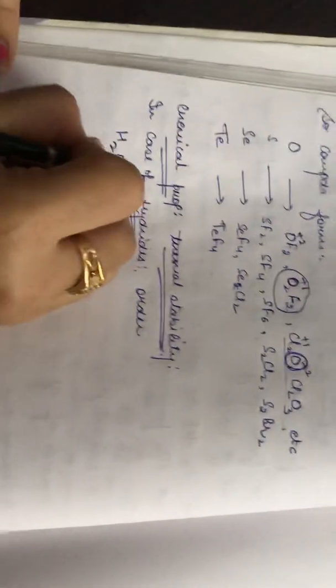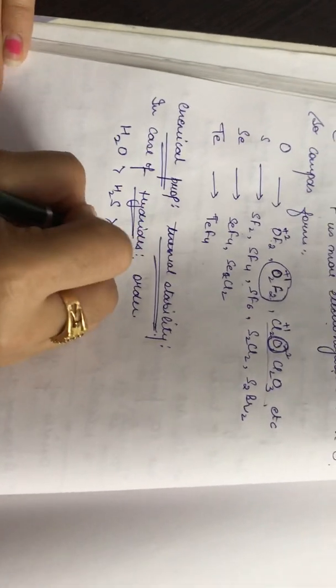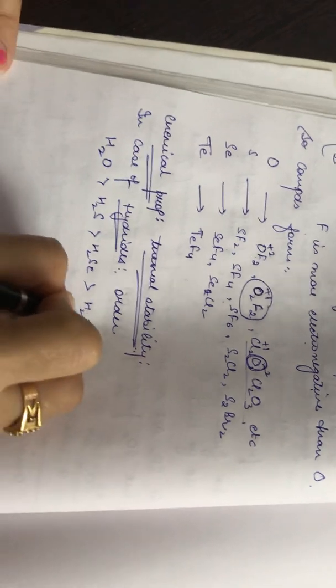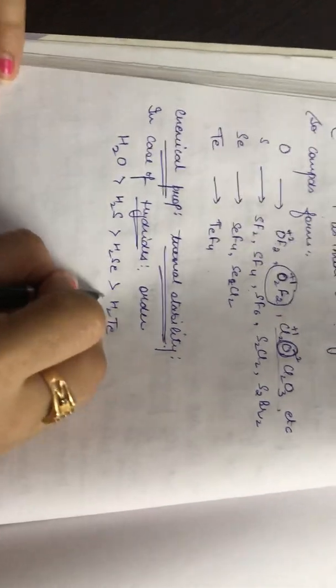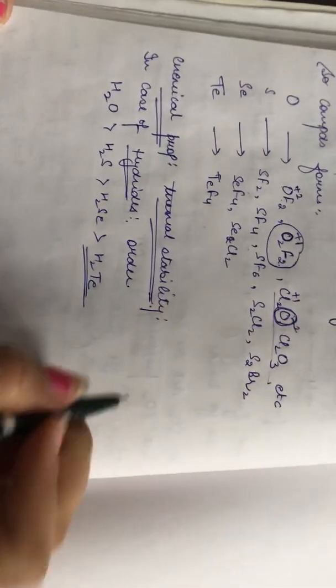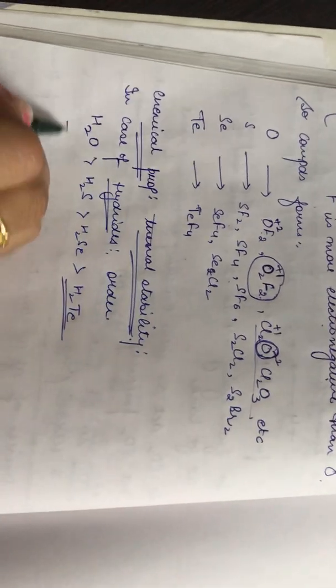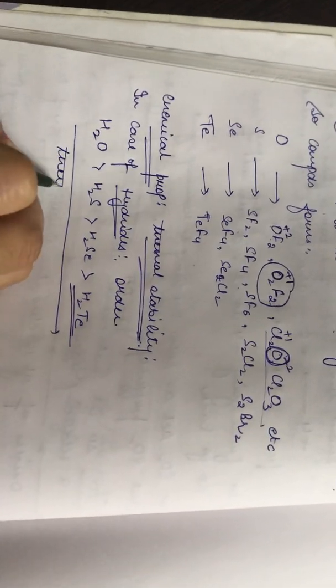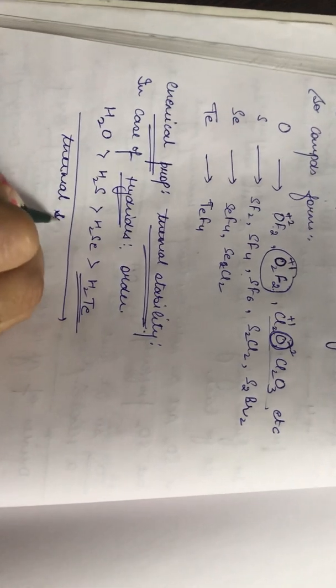H2O, H2S, H2Se, H2Te. Thermal stability decreases.